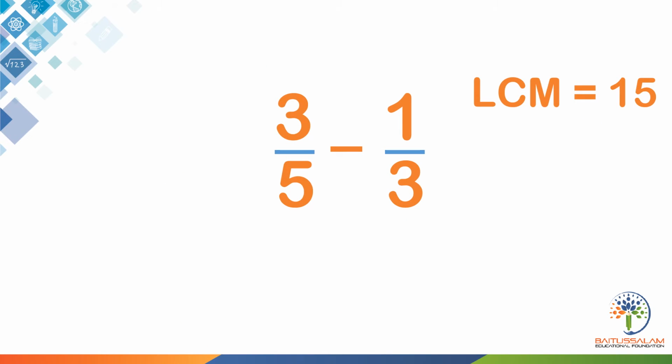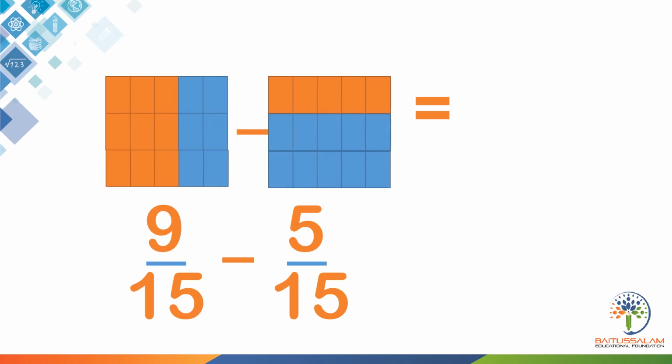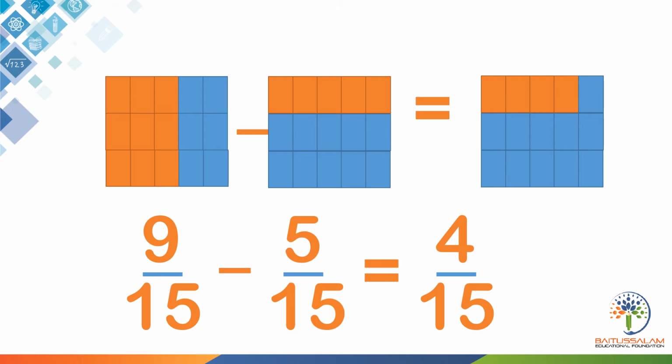Now to change the denominators to 15, the first fraction is multiplied by 3 and the second fraction is multiplied by 5. Now we have 9 upon 15 minus 5 upon 15. As the denominators are same, we simply subtract the numerators. 4 upon 15 is the answer.